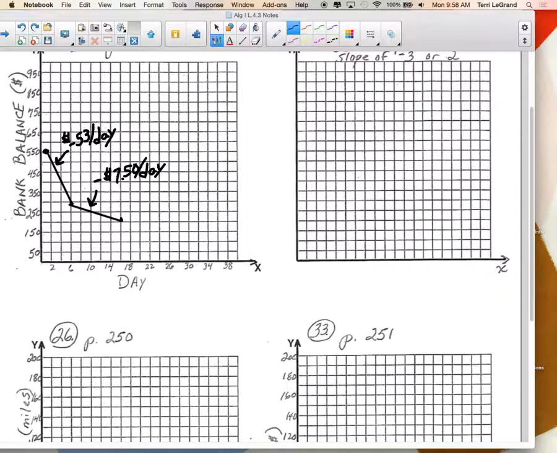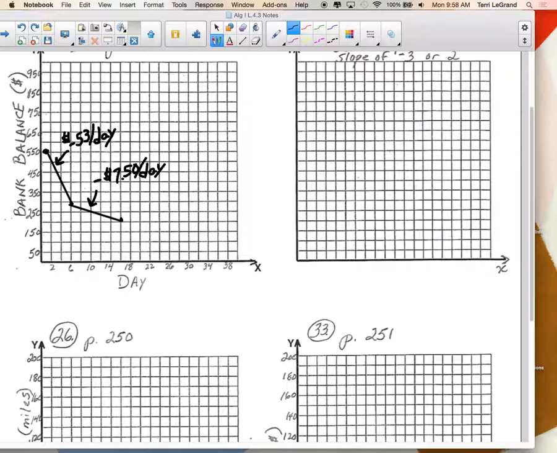Okay, tell me what we should expect for our next line segment. Straight line. Should be what kind of a straight line? These are all straight. Horizontal. It should be a horizontal line segment. Why? Because it doesn't change. There's no change. Remember how when we were reading graphs before, we said no change is represented by a horizontal line.